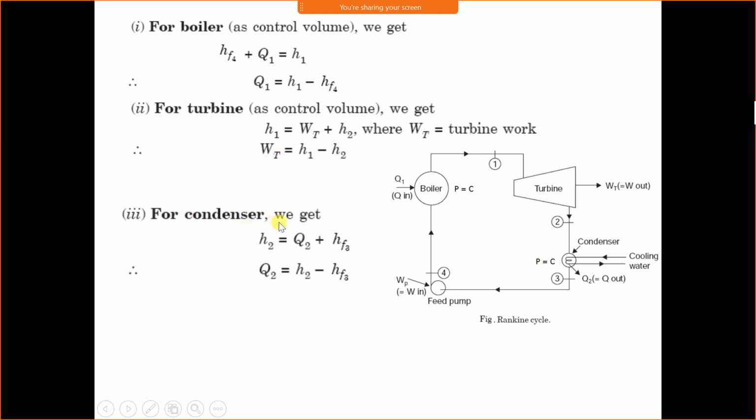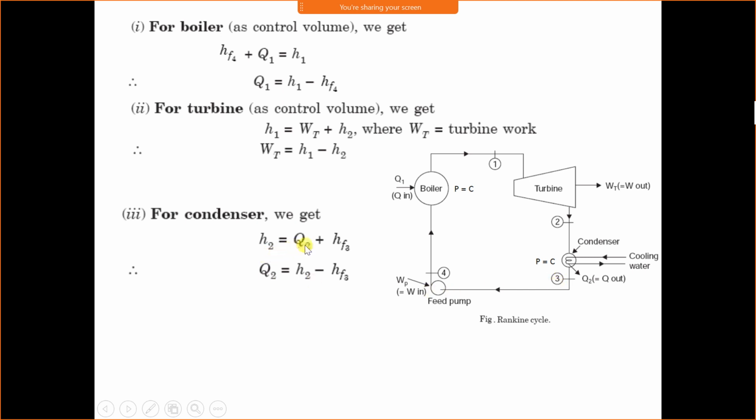For condenser, in a condenser, wet steam enters at point 2. Therefore, the enthalpy at point 2 is H2, and heat is removed and we get saturated water at enthalpy at point 3.